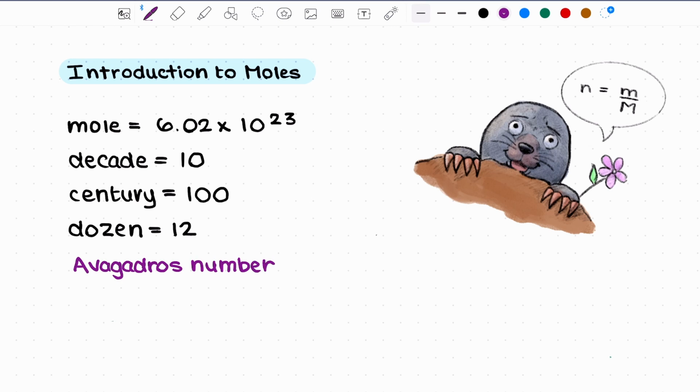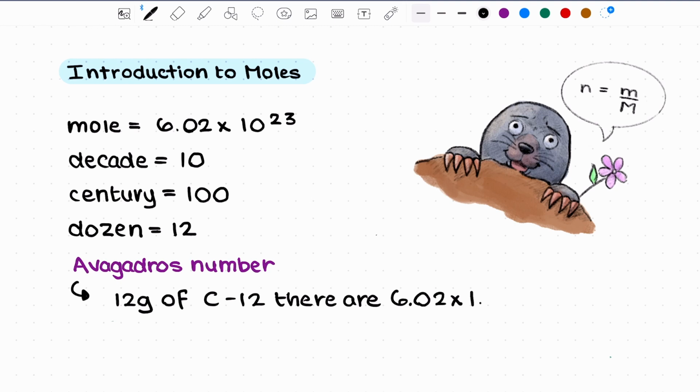You see, Avogadro did a series of experiments, and he discovered that in 12 grams of carbon-12, there are 6.02 times 10 to the 23 atoms.